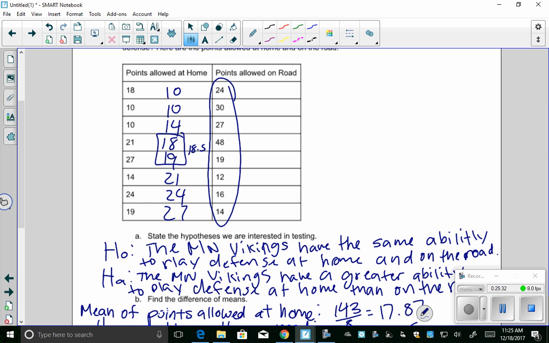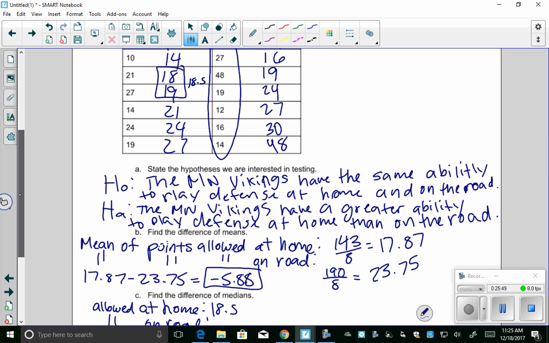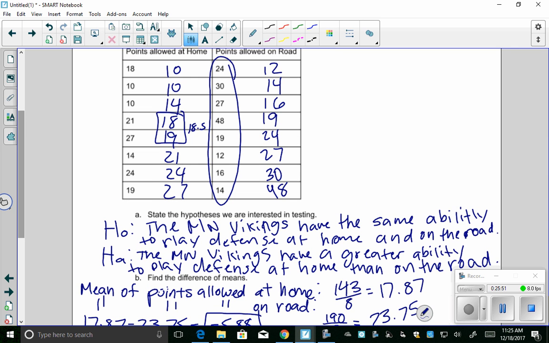Put them in order. 30. So what two numbers are in the middle? 19 and 24. Add them up, divide by 2, what do you get?